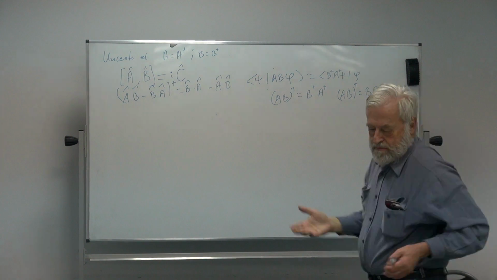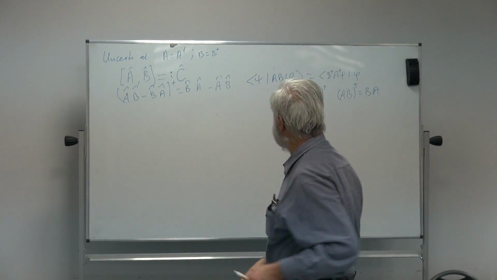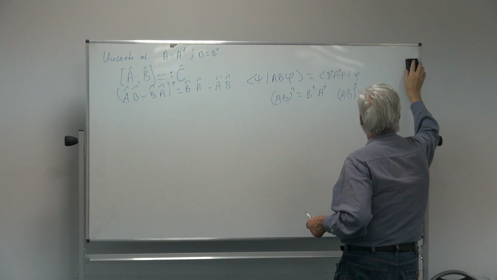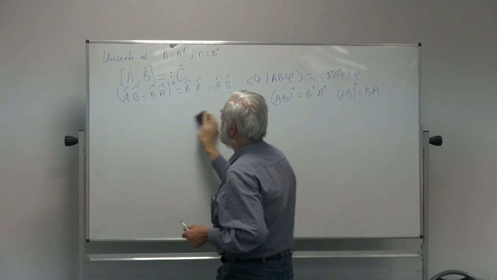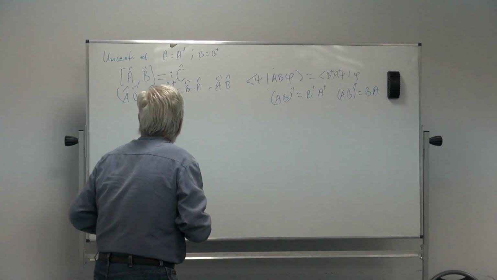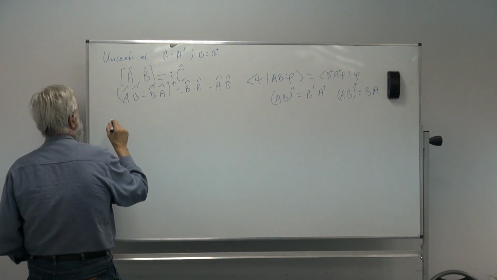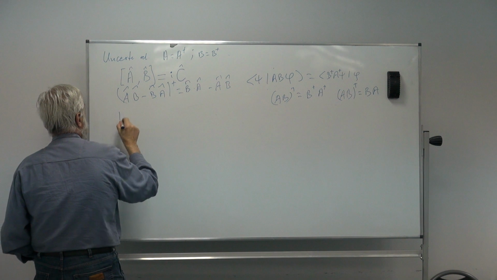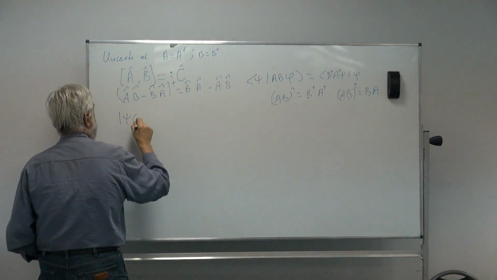That is very simple. And now, our aim is to derive the standard general form of the uncertainty relation. And for that, we take a family of states.